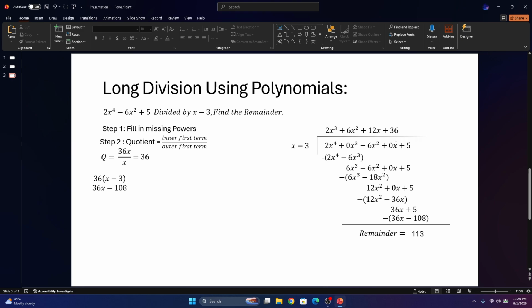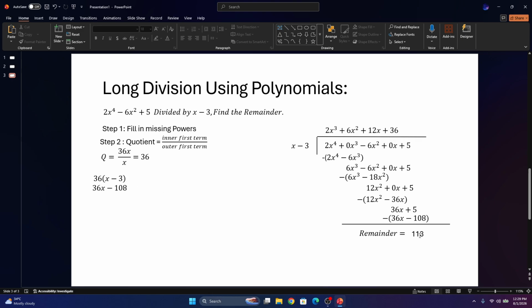Now, another thing to note is that you stop long division when the power of the variable of the inner value is less than the power of the variable of the divisor itself. So here, the power is equal to the power of the divisor, so we're going to divide again.